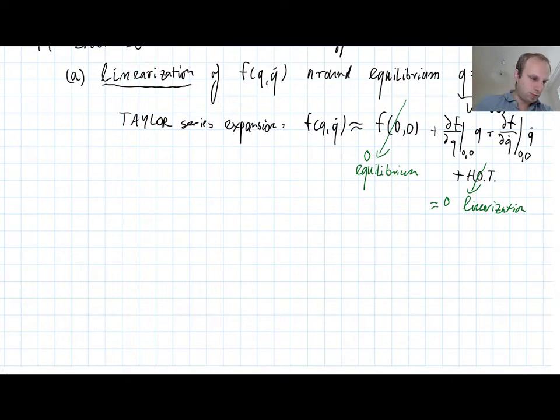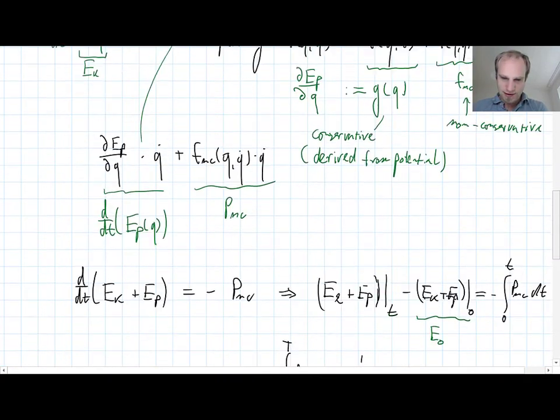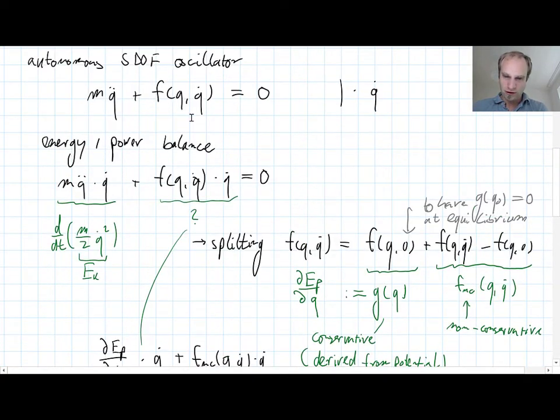And just for the van der Pol oscillator, actually, we can do this. So f of q, q dot is, if we go back up here, everything except for the inertia terms.